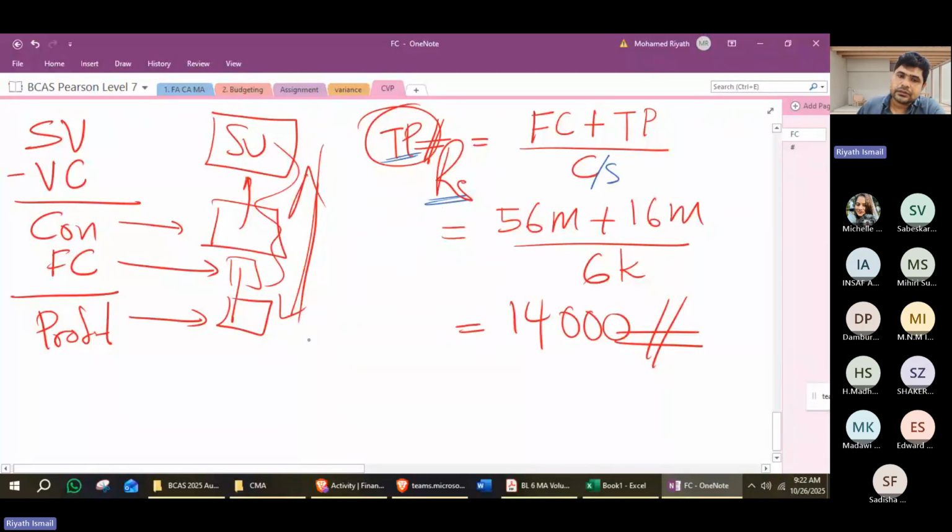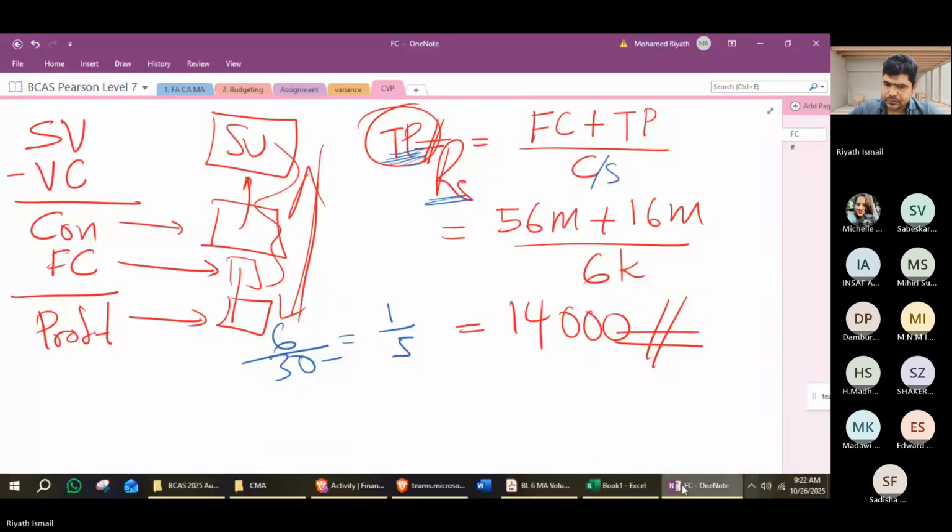Here, the selling value is 30, and the variable cost is no need, and the contribution is 6. Contribution is 6. Then how much? 1/5, right? So when you divide this value over 1/5, then we can get the target profit in terms of rupees.